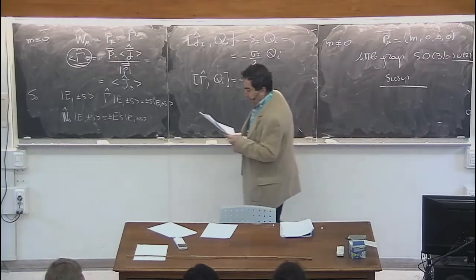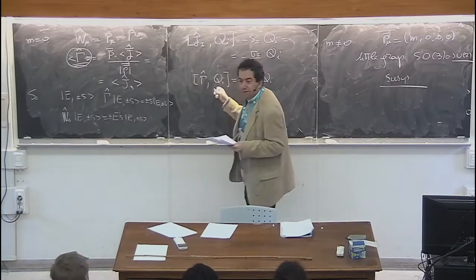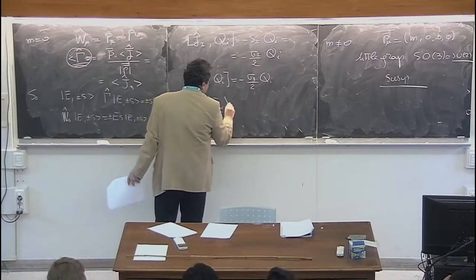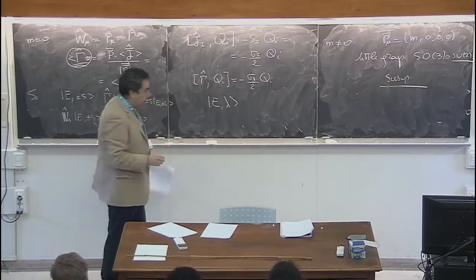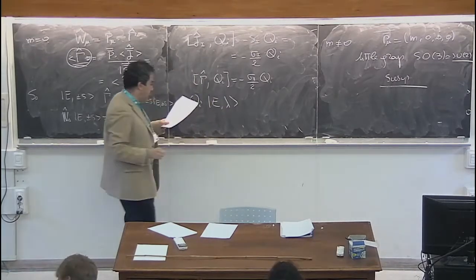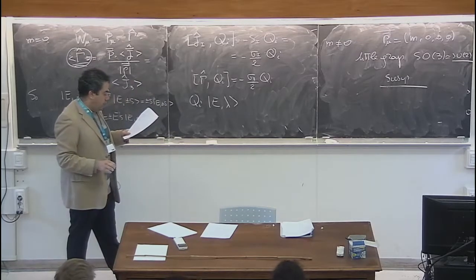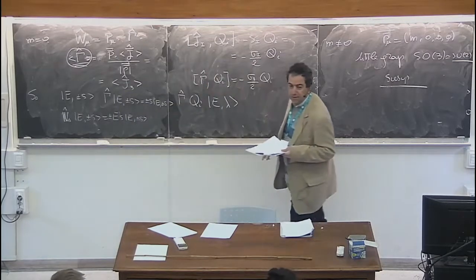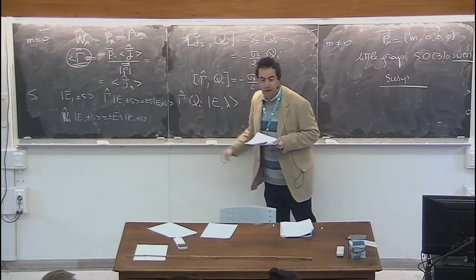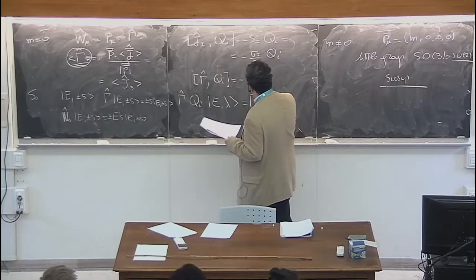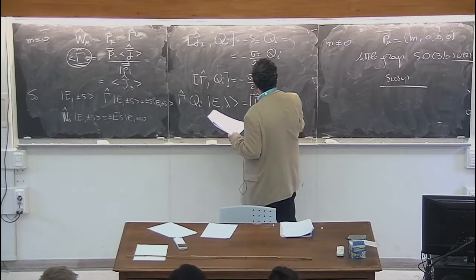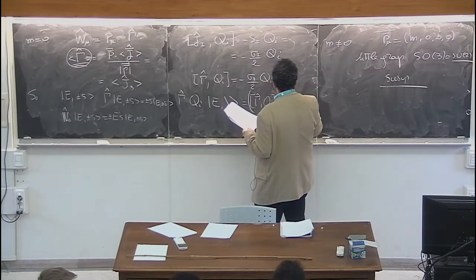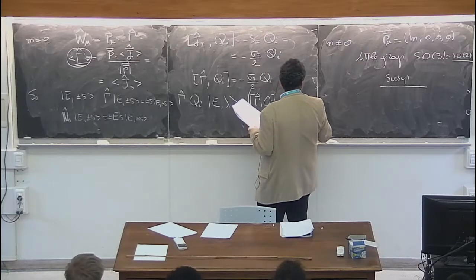Then let's see what is the effect of the action of Q on a generic state. If I take a generic state E lambda with helicity lambda, and I act by means of Q_i on it, what do I get? Well, let's act on this state by means of gamma, and write this as a commutator of gamma with Q_i plus Q_i gamma, on E lambda.